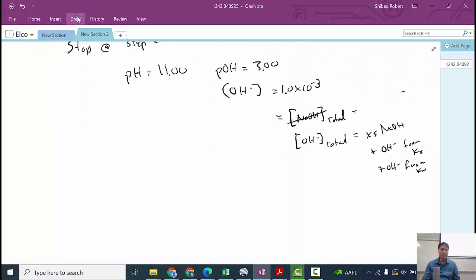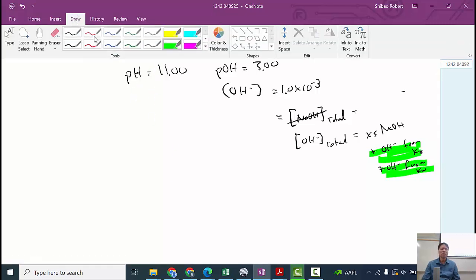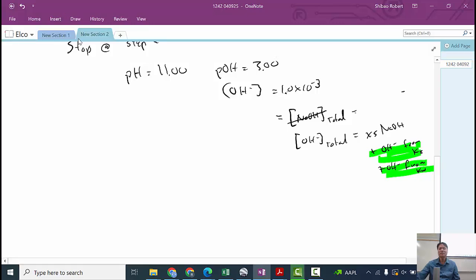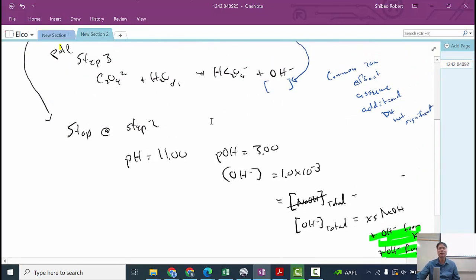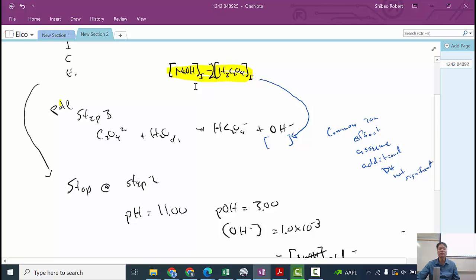But as I mentioned, we're going to ignore these contributions because we expect them to be negligible. And therefore, we're just going to assume that it's the same as the excess hydroxide here. If it's the same as the excess hydroxide here, then we have two unknowns.